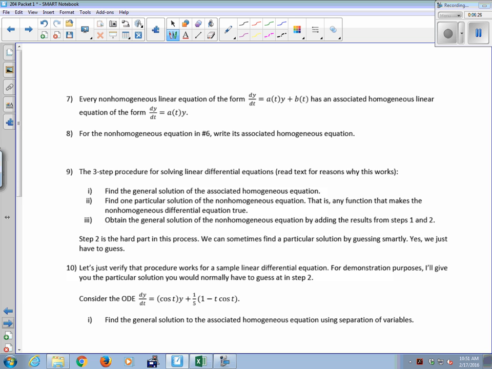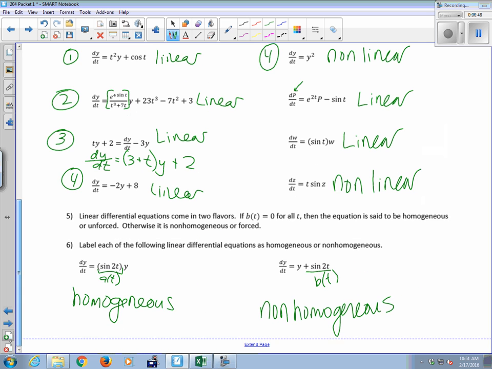All right, every non-homogeneous linear equation that looks like a of t y plus b of t has an associated homogeneous linear equation where you just drop the b of t. You just get rid of it, and we call that the associated homogeneous equation. So from number 6, the one we just did, the one that was non-homogeneous was dy dt equals y plus sine of 2t.